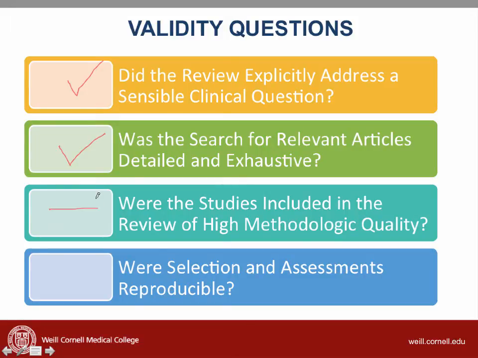Moving on, the third question is, were the studies included in the review of high methodologic quality? This question comes back to all the topics that you learned thus far in EBM. That is, your knowledge of study designs and validity criteria for different types of articles such as therapy, harm, prognosis, and diagnosis.